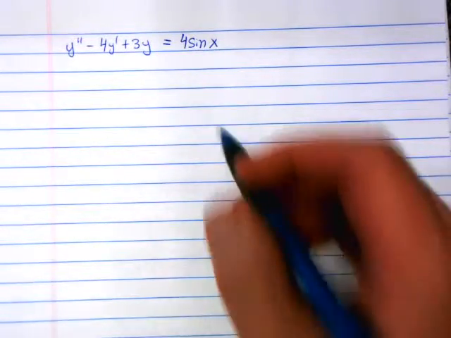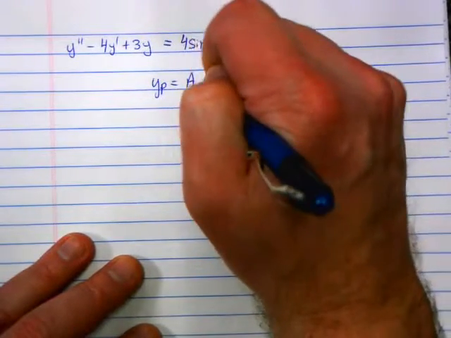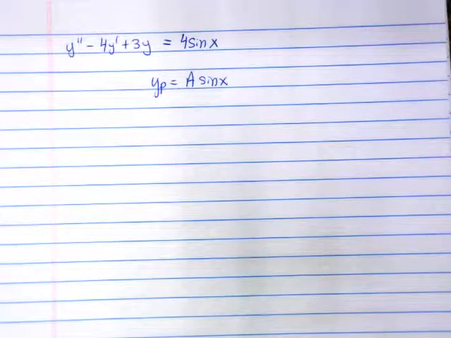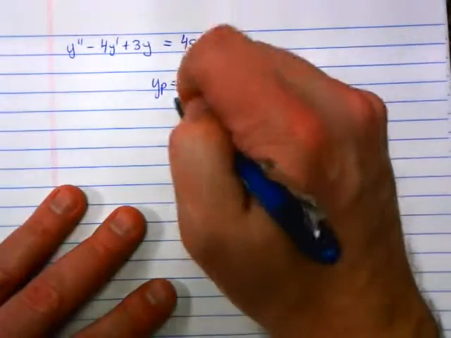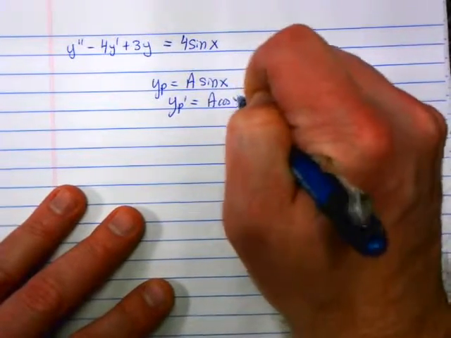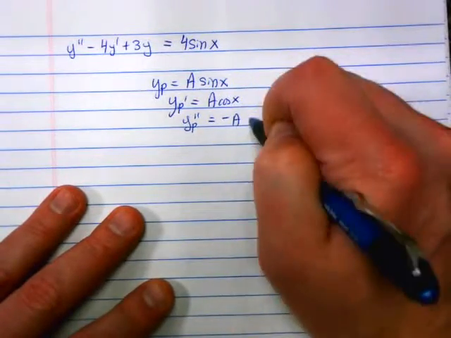A sine function. So I would guess y sub p is going to be a sine x. Take my derivative, take my second derivative. Y sub p prime is a cosine x. Y sub p double prime is negative a sine x.